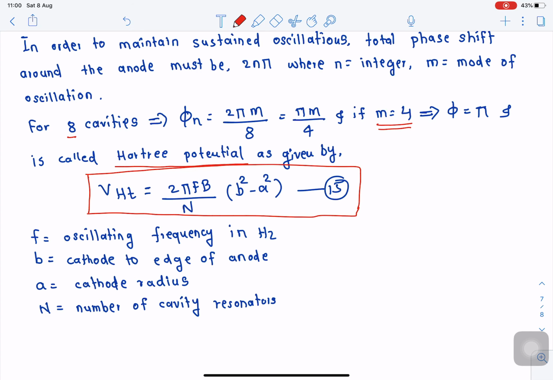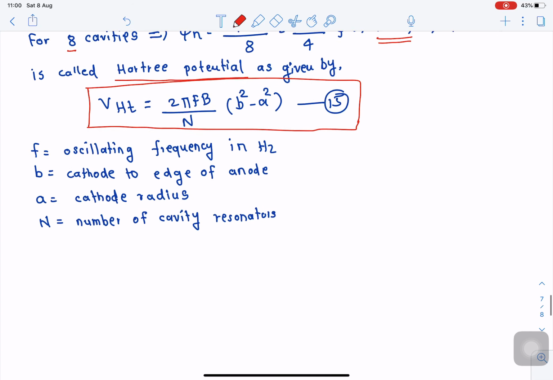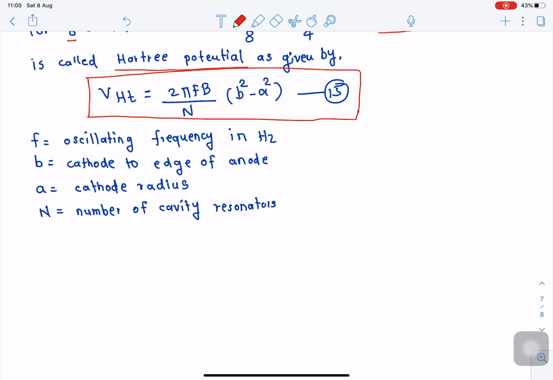So equation number 15 can be rewritten in terms of the oscillation frequency of a magnetron. Here we can rearrange the terms. Hartree voltage multiplied by n is equal to 2 pi f b into bracket b square minus a square.